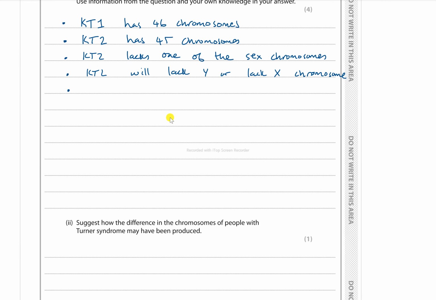So what happens is the female, or the woman or the girl, will have problems with normal puberty. It could be loads of things.